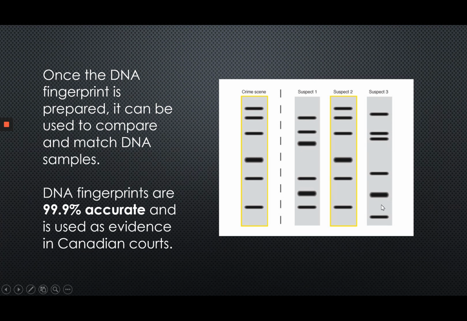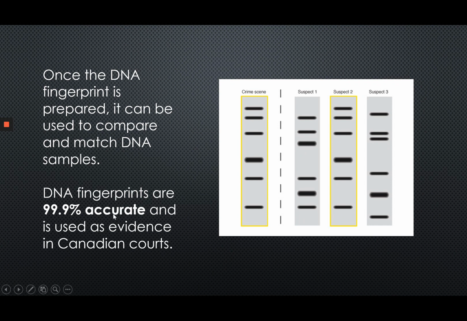Not exact, but close. So DNA fingerprinting is a precise science. It's 99.9% accurate, because humans are the ones who create these DNA fingerprints, so there's always a small percentage that there could be some errors.